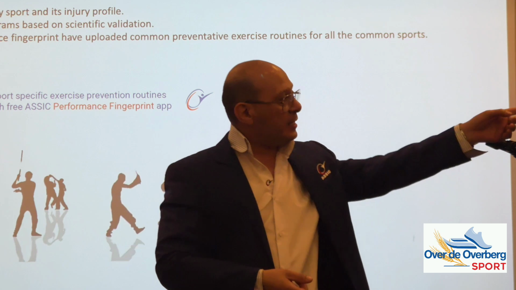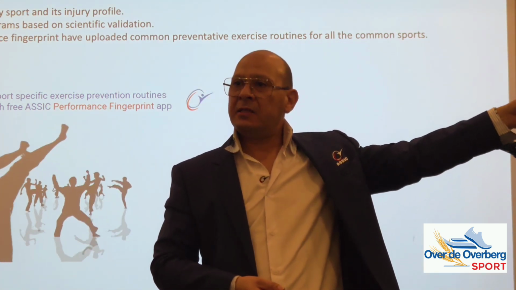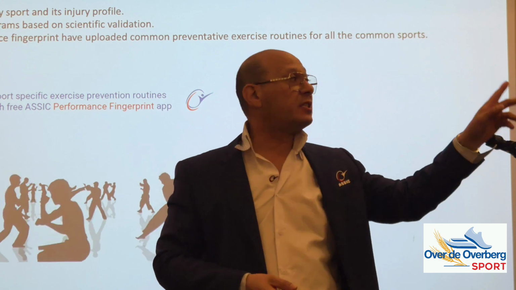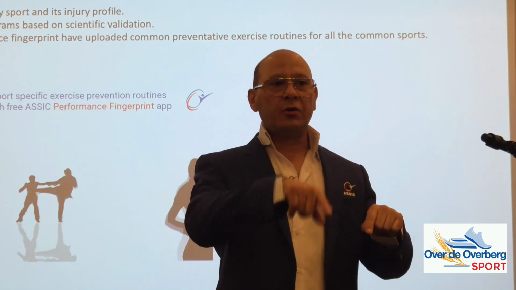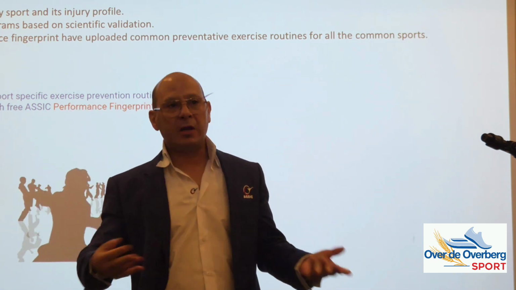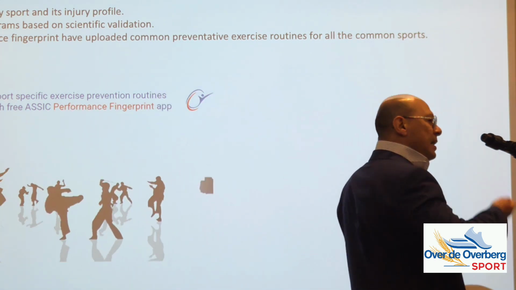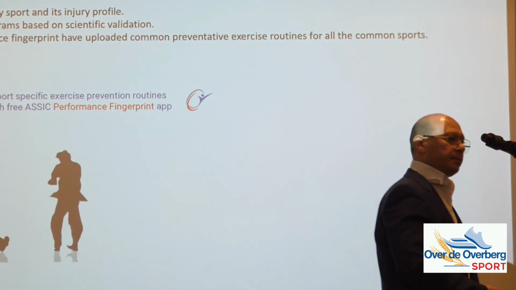So I've created the Asset Performance Fingerprint app. On that app, all the preventative exercise routines for all the common sports are there free of charge to prevent you from developing those common injuries that you will encounter, whether it's soccer, rugby, cricket, you name it. So primary health care starts from the basics, preventative care.